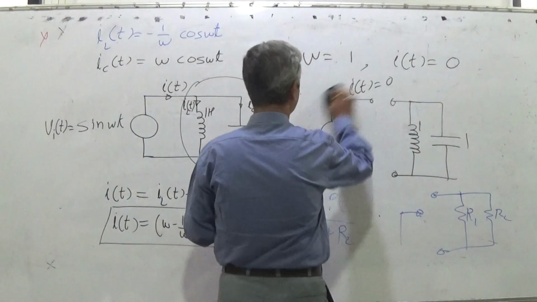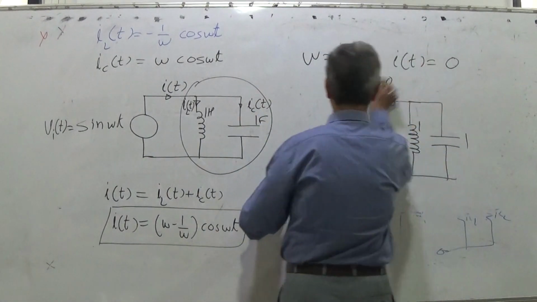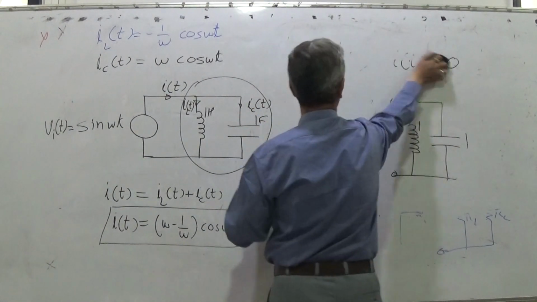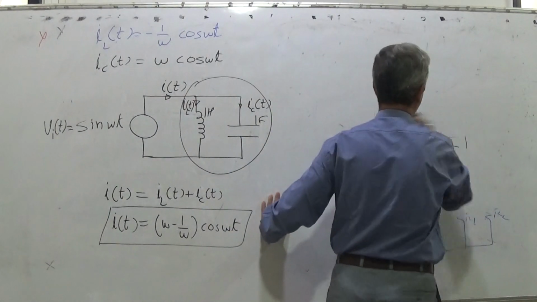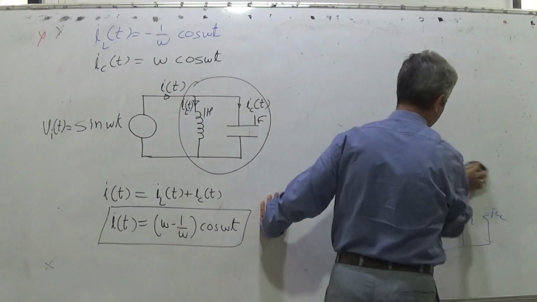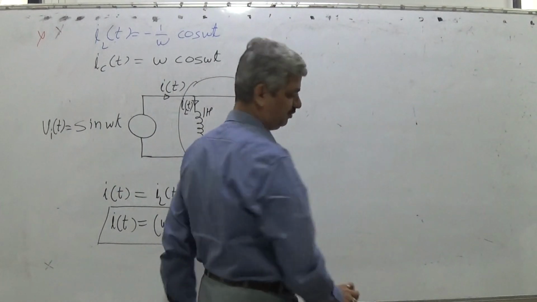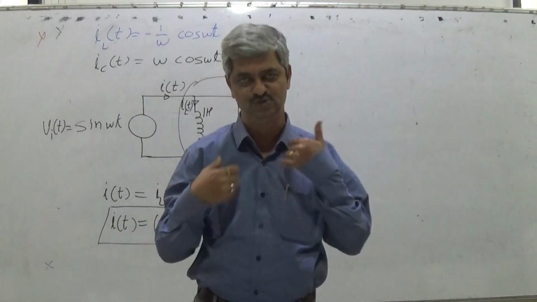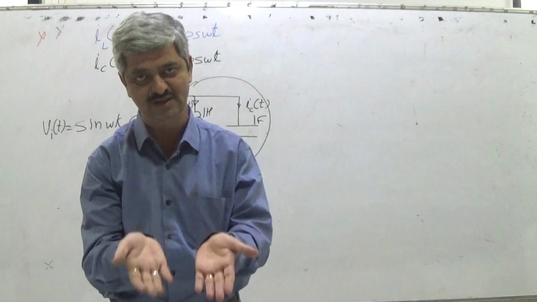So what is the parallel combination of this? I ask the question. Those who want to answer on their own should press the pause button. The remaining should watch. Those who have paused should watch later on and verify the results.